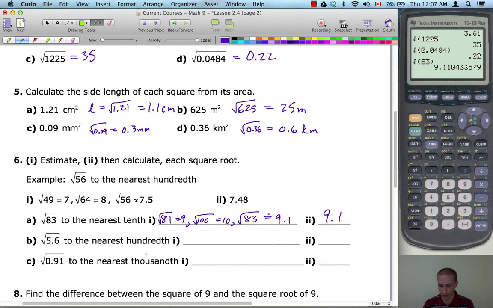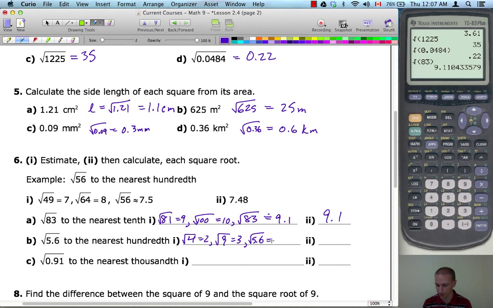Next, 5.6. So I know that the square root of 4 is 2 and that the square root of 9 is 3. So the square root of 5.6 should be somewhere in between, probably closer to 2 than it is to 3.